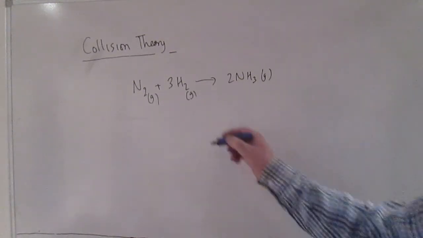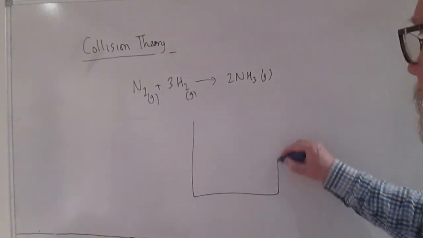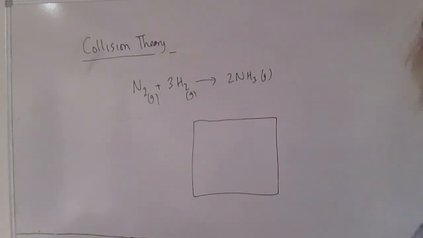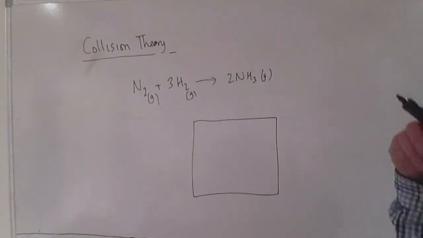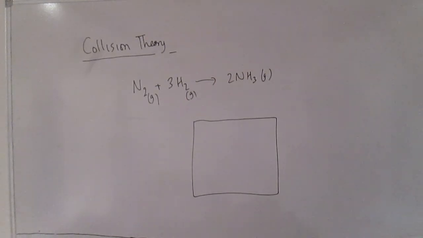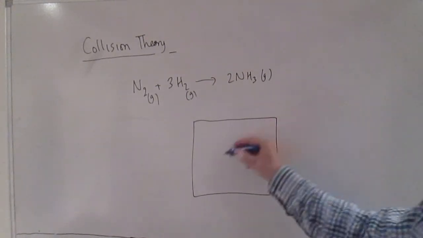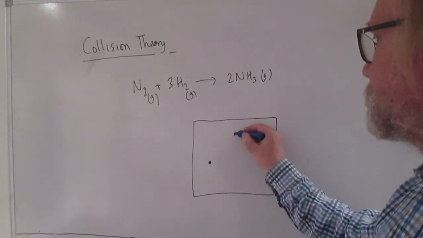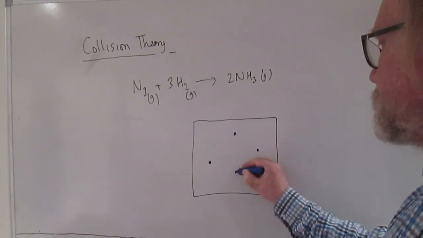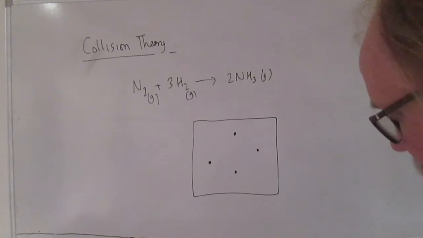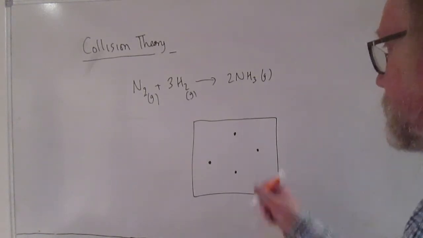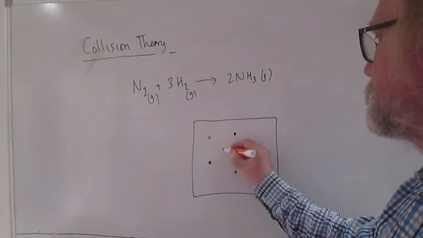So if you imagine there's a box in which our reactants are having to collide. So we might have some nitrogen molecules, so let's put some of those in, and then some hydrogen molecules, which we'll put in a different colour.